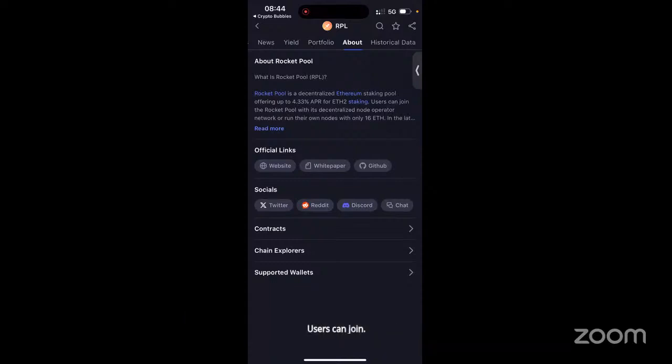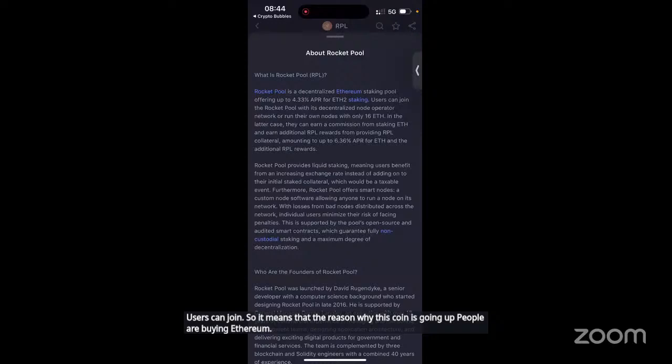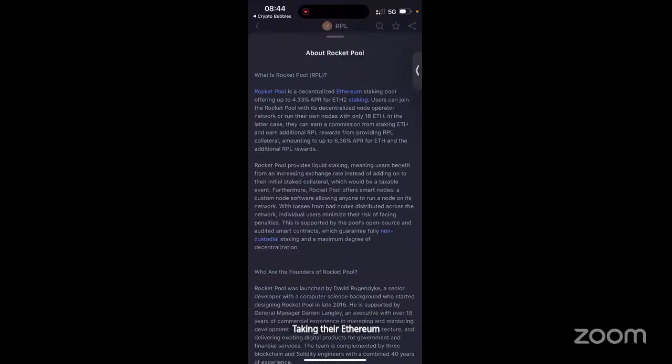So the reason why this coin is going up is that people are buying Ethereum and taking their Ethereum to this platform to earn more Ethereum. That's why it is doing well.